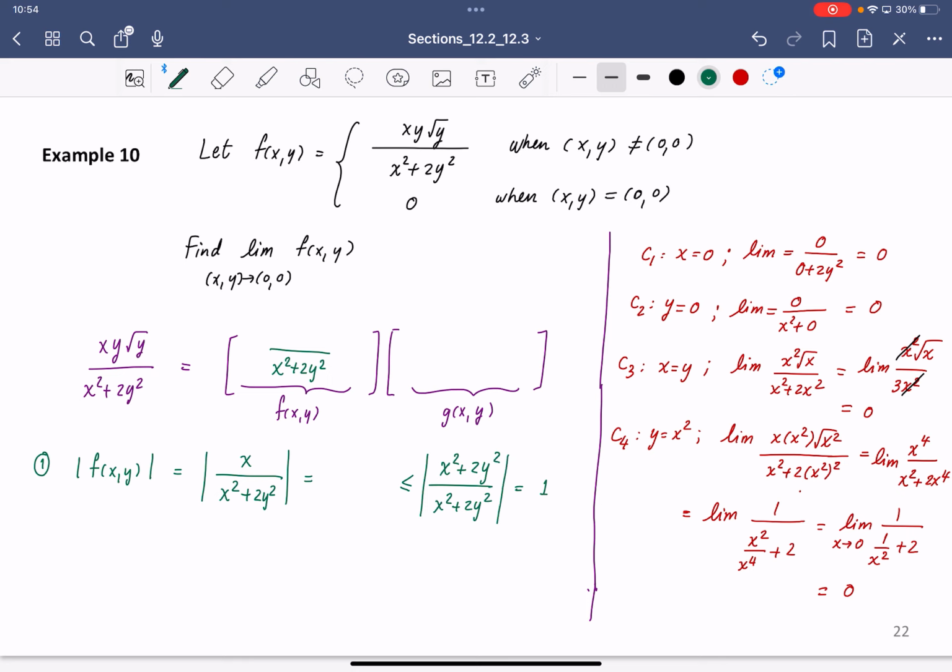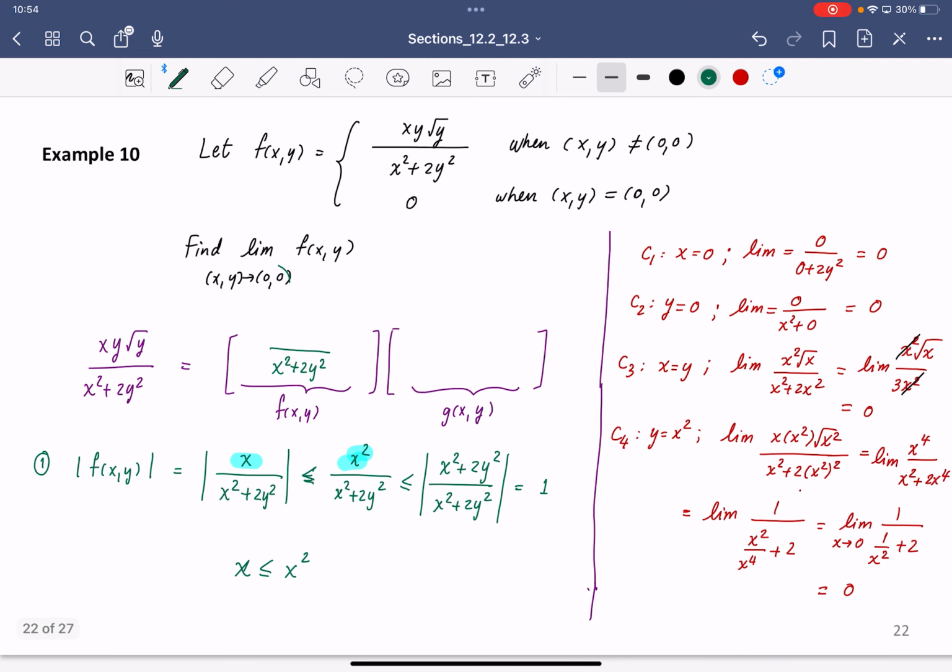This is actually bigger than x squared over x squared plus 2y squared, right? But do you think it is okay to use x less than x squared? Is x less than x squared always when (x,y) is close to (0,0)? Maybe not, because if you get 0.1, this is like 0.01. So x is not less than x squared, so it is not okay to pick x.